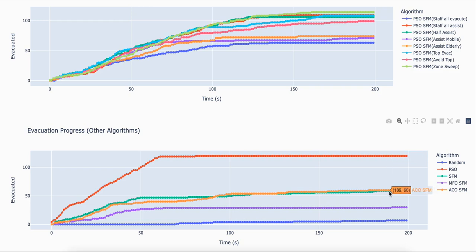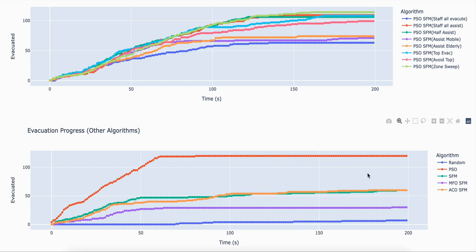We can also note that ACO SFM and the vanilla SFM perform almost equally, and MFO SFM is not that great. I think these can be worked on in the future.